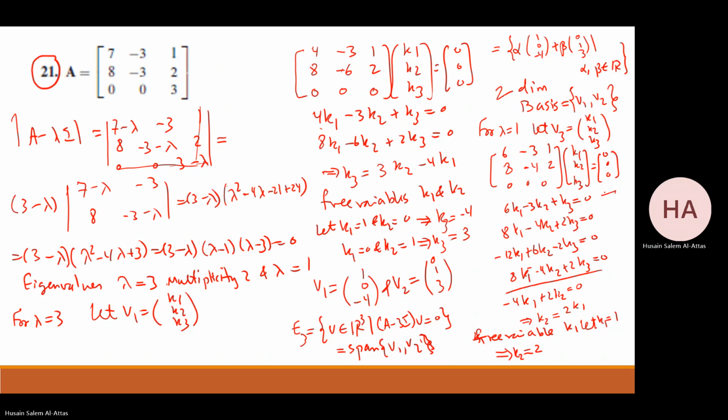I have K1 equals 1, that will be 6 minus 6, 0, so K3 equals 0. So it will be my V3. That will be (1, 2, 0). Yeah, that's good.